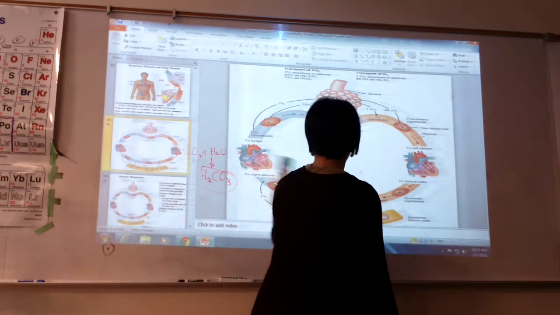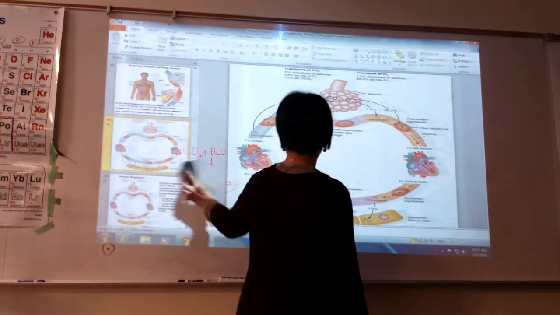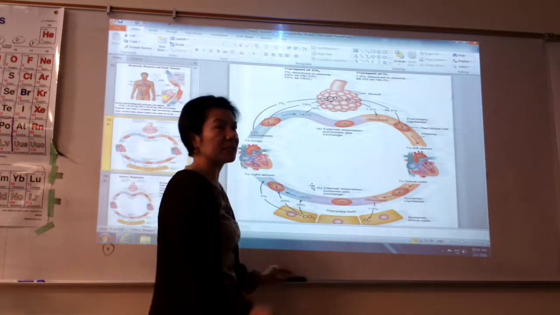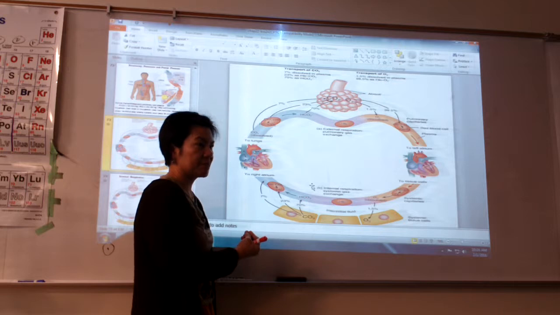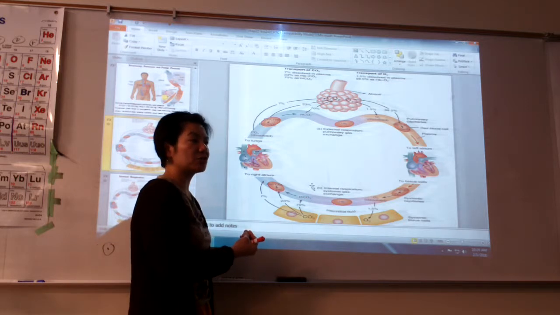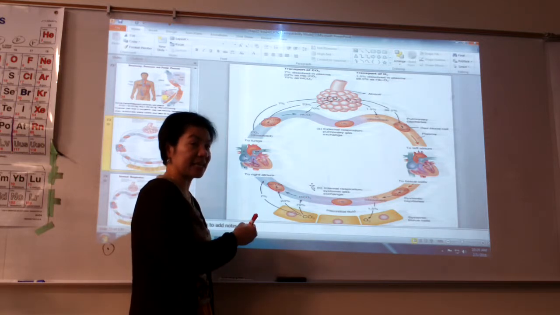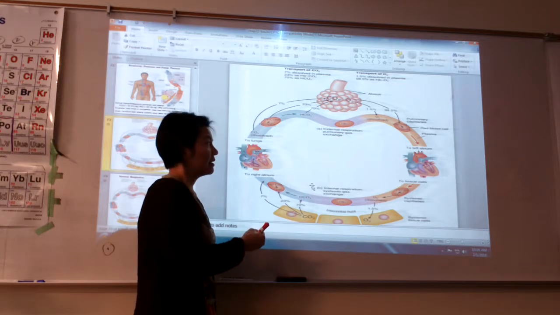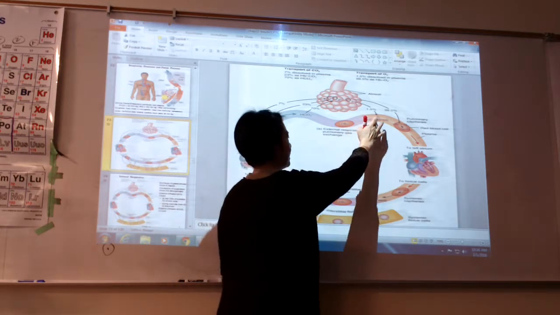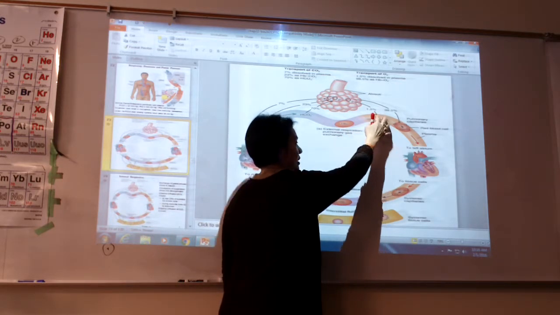Okay? Again, both oxygen and carbon dioxide are found in plasma and inside RBC at the same time. The most predominant way to transport oxygen is inside RBC as hemoglobin, oxyhemoglobin. Some of it is also transported in the plasma as plain oxygen.